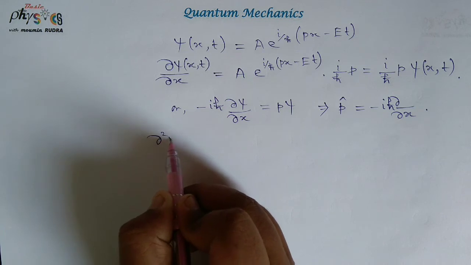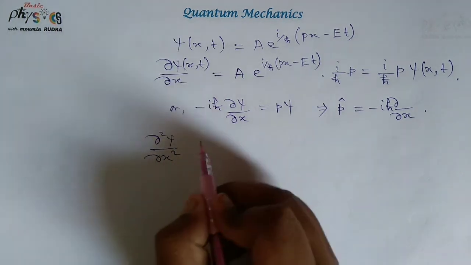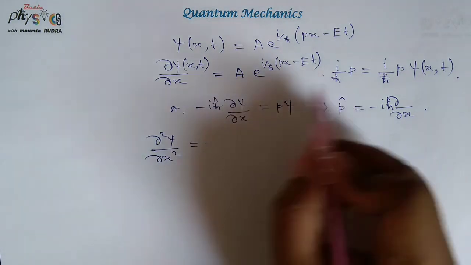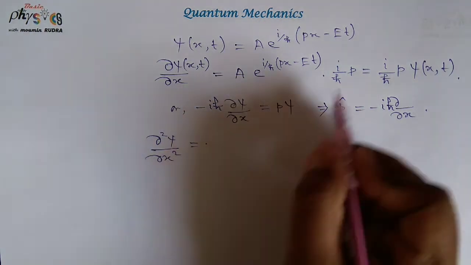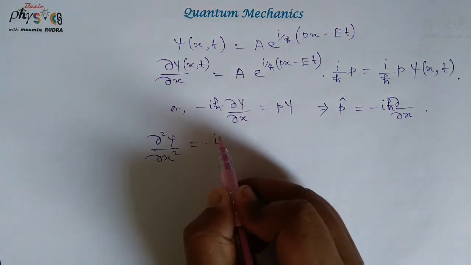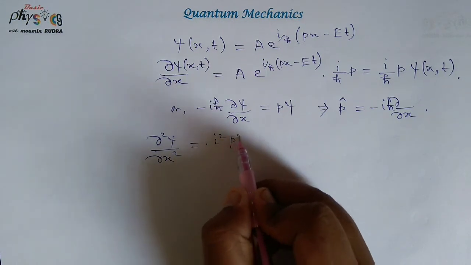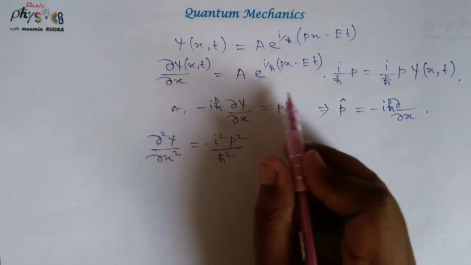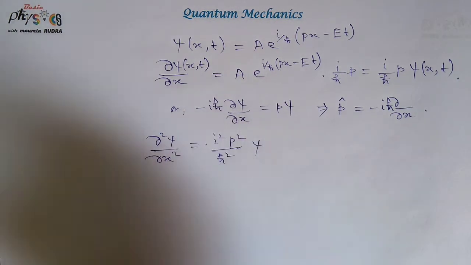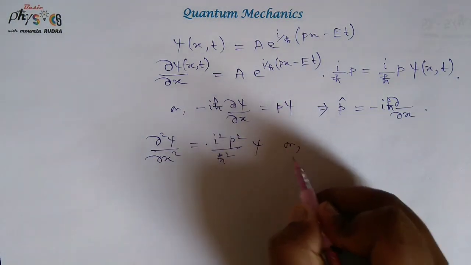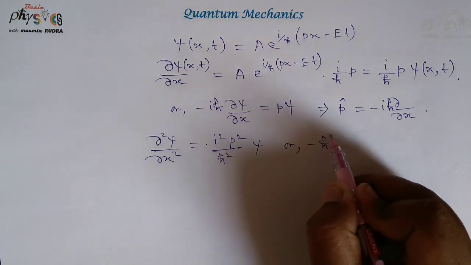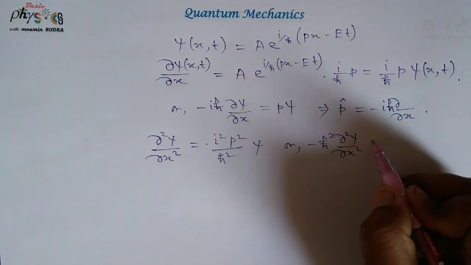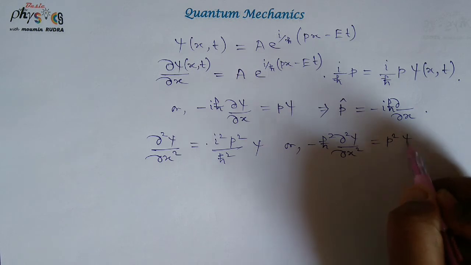So del 2 psi del x2 equals i square p square by h bar square times psi, or minus h bar square del 2 psi del x2 equals p square psi.